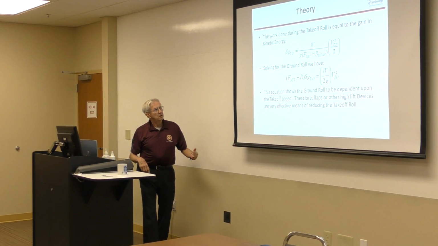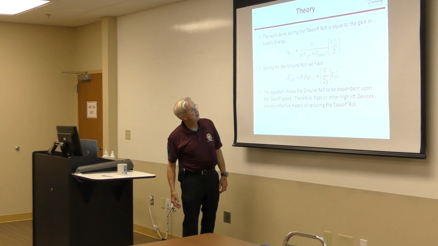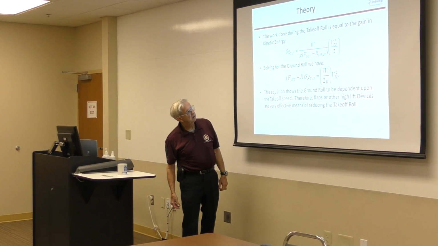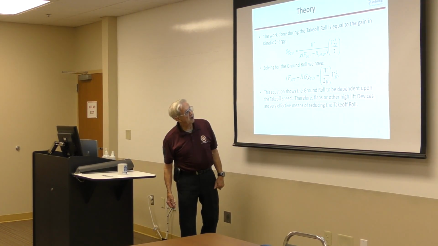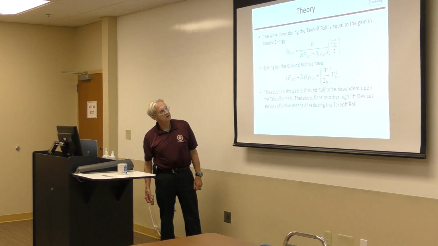So the ground distance of the takeoff is equal to the weight divided by acceleration times the net thrust minus the mean resistance times v squared, takeoff velocity, over 2.